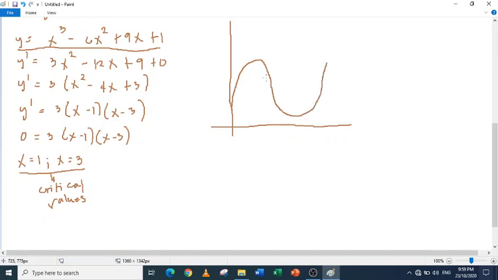Okay. So, the critical values are, say, this is x equals 1. And then, let's say this is the other critical value. This is x equals 3.